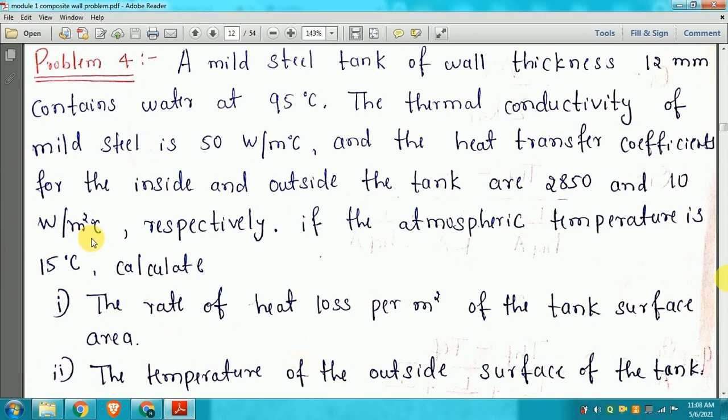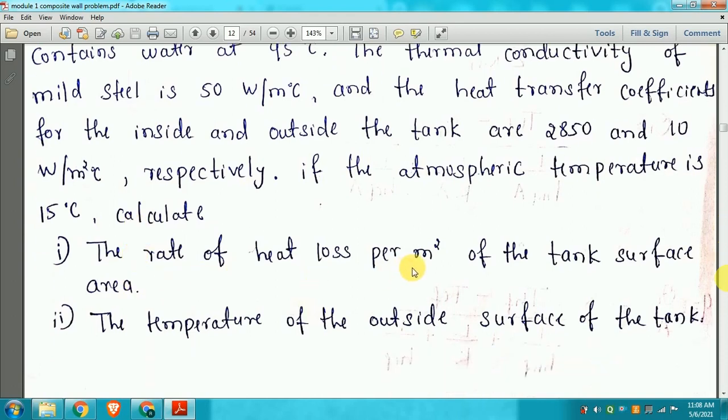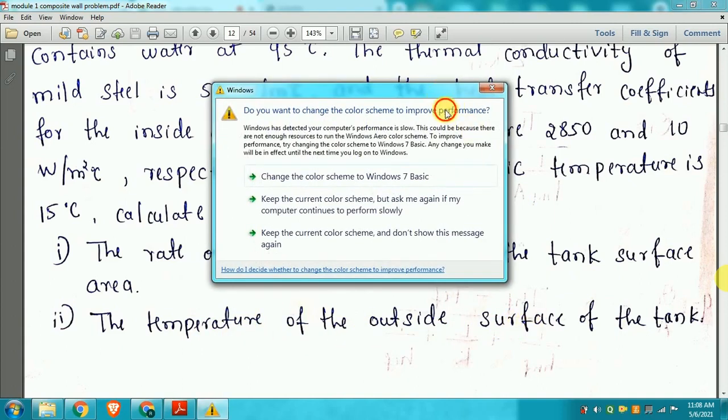So the heat transfer coefficient between the inside fluid and the inside wall surface is so much, and between the outside fluid and outside wall surface is so much. If the atmospheric temperature is 15 degrees Celsius, calculate the rate of heat loss per meter square of the tank surface area, and the temperature of the outside surface of the tank.